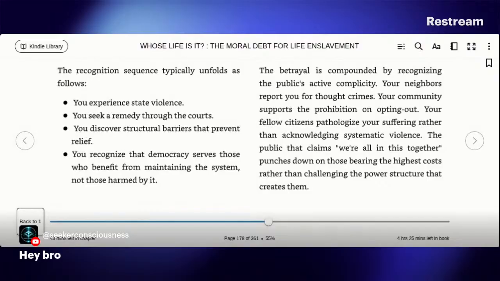The betrayal is compounded by recognizing the public's active complicity. Your neighbors report you for thought crimes. Your community supports the prohibition on opting out. Your fellow citizens pathologize your suffering rather than acknowledging systemic violence. The public that claims we're all in this together punches down on those bearing the highest cost rather than challenging the power structure that creates them.